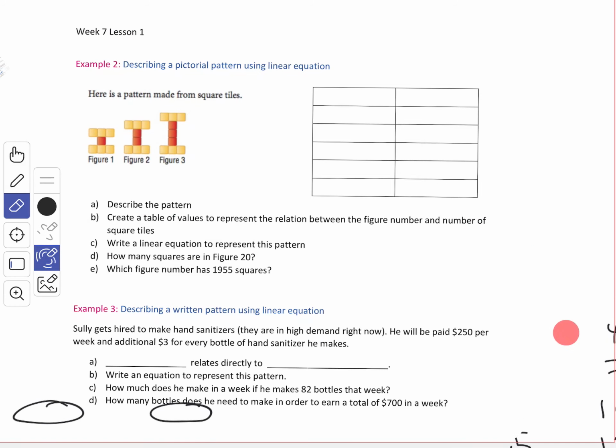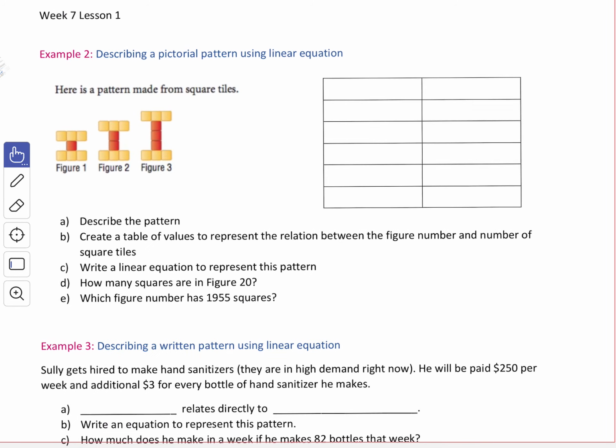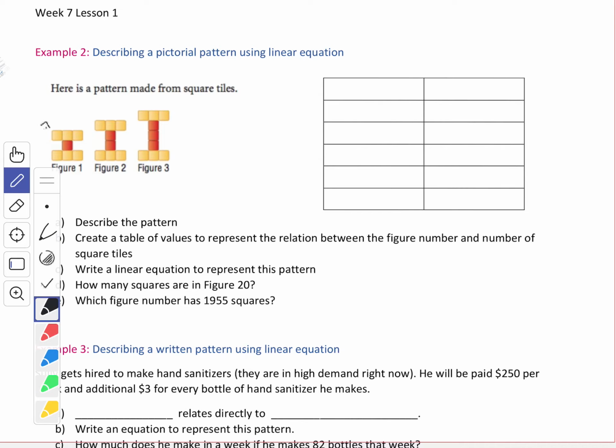Okay, so example number 2. Describing the same thing. We're going to describe a pictorial pattern using a linear equation. Here is a pattern made from square tiles, and it gives us figure 1, 2, and 3. First, same thing, we're going to describe the pattern.